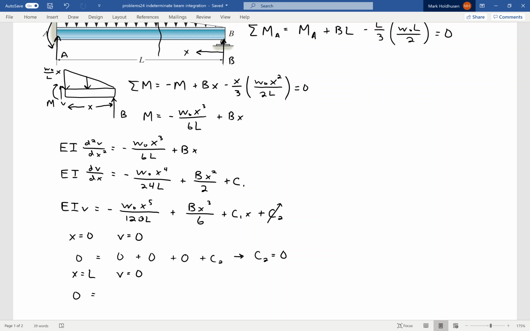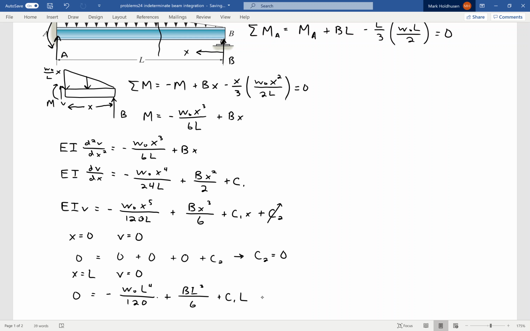But I plug in where x equals L, and I get negative W. Now it'll be L to the 5th, but there's an L on the bottom, so I'll just go L to the 4th over 120 plus BL cubed over 6, plus C1L.